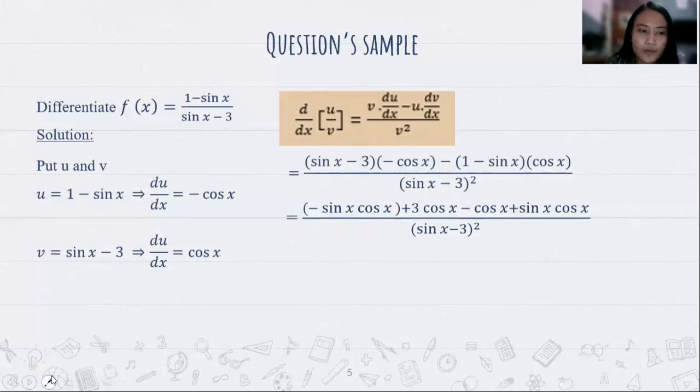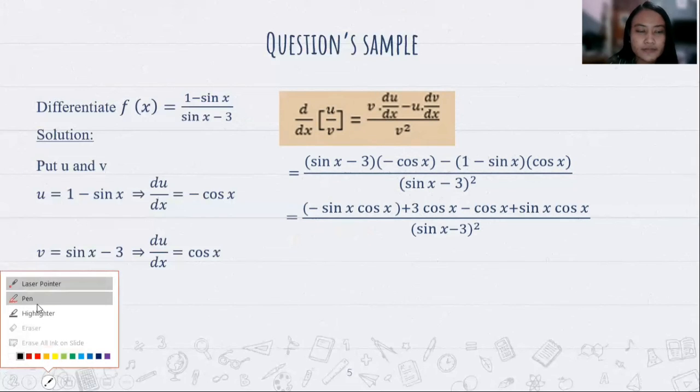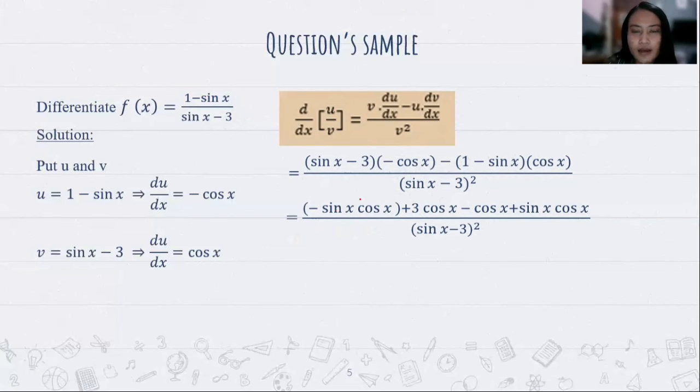Next, we can operate this, and this equals 3 cosine x minus cosine x over (sine x minus 3) squared, which equals 2 cosine x over (sine x minus 3) squared.